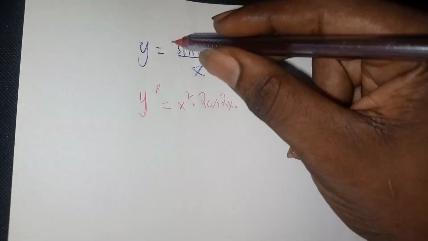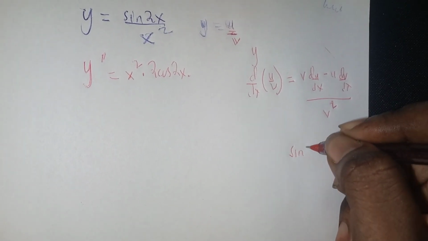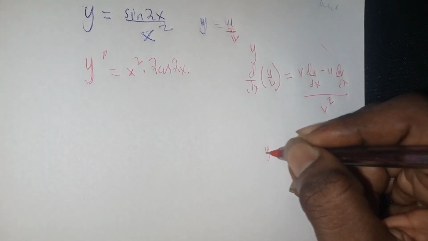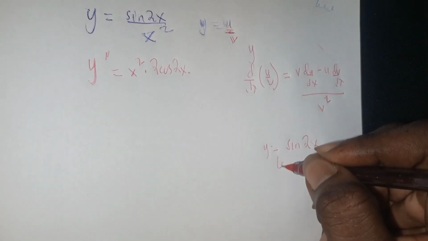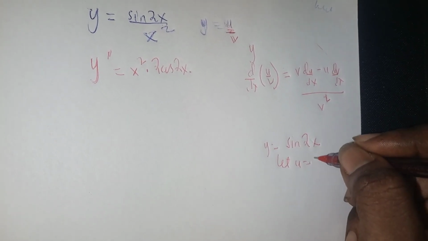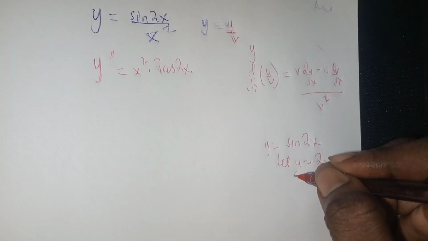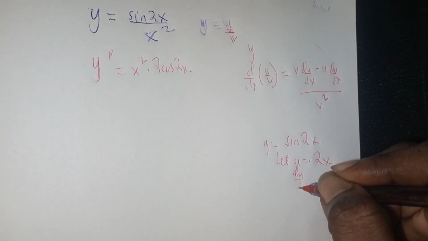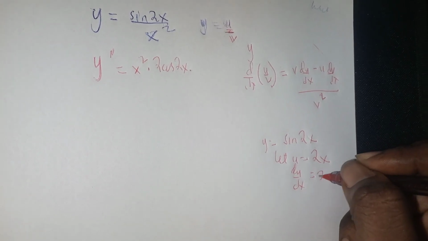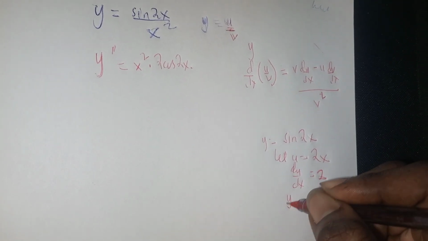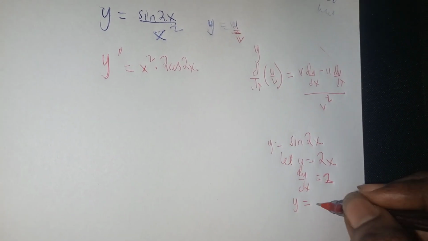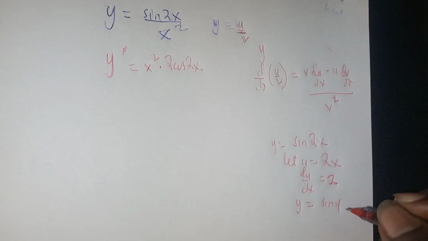So we can perform this one somewhere. We have sine 2x and you want to differentiate that. So you can say let u be equal to what? 2x. Our du on dx is what? 2, right? Then now our y is equal to sine u, right?